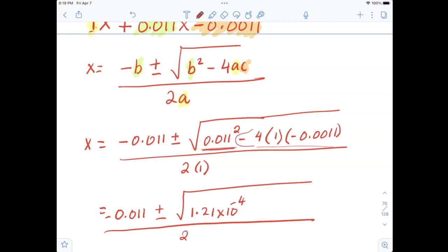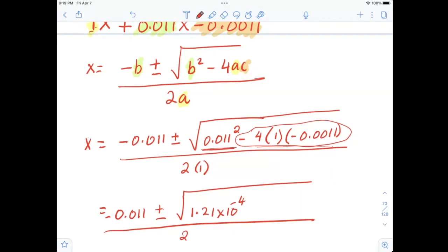The next part will be this whole part here. I'm going to be working on that part. So that's going to be negative 4 times 1, yeah, I did that, times negative 0.0011, close parentheses. No, no. Okay, something went wrong here.